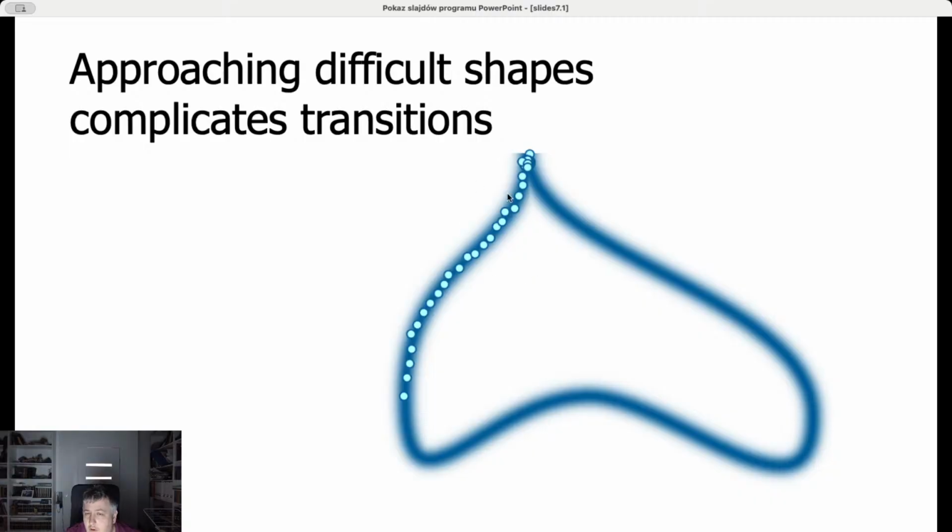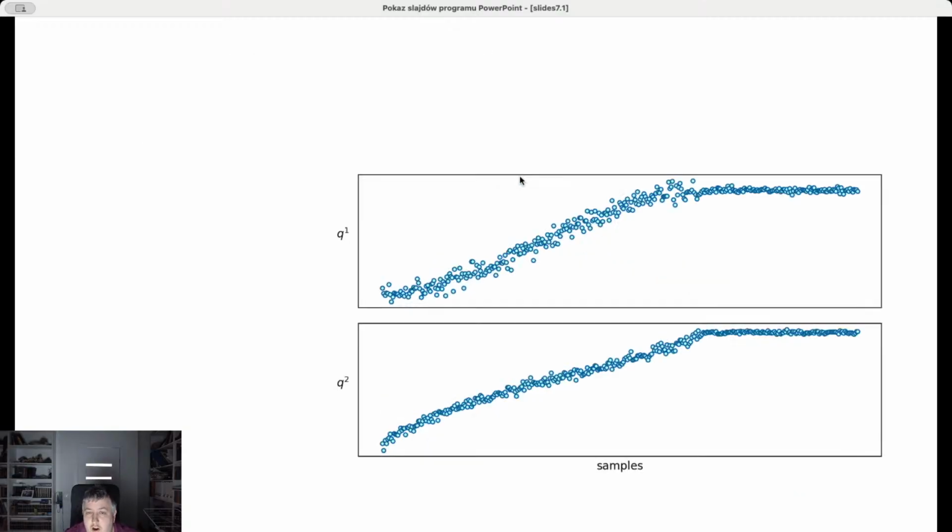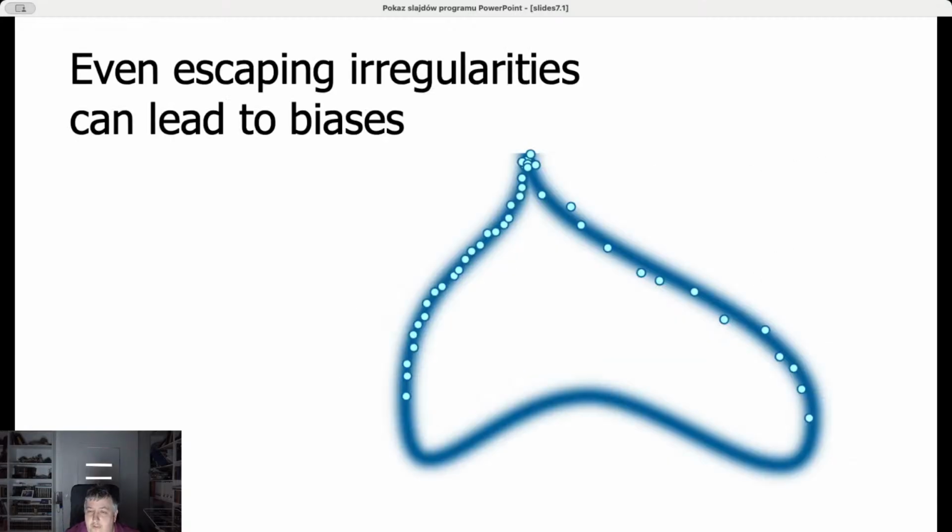Unfortunately, in those difficult shapes, it might be difficult to find a transition that will move further along the typical set. It will stay in the typical set, but it will get stuck here. And we'll get something like this. So the samples, instead of wandering around the typical set, will get stuck somewhere here.